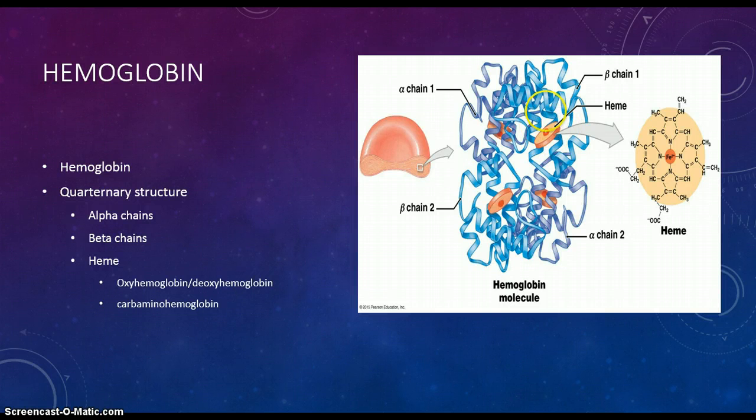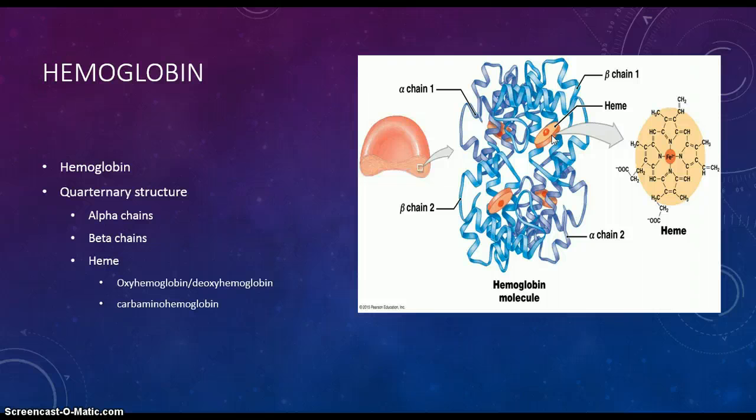The heme unit consists of an iron atom in the center. It is to this iron atom that oxygen molecules will bond. Because there is a heme unit for each of the chains of hemoglobin, we can bond 4 oxygen molecules. 1, 2, 3, and 4.